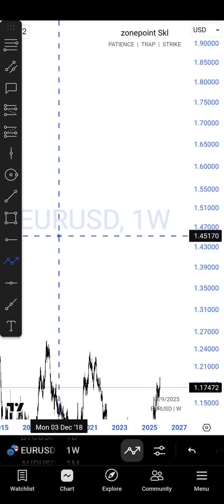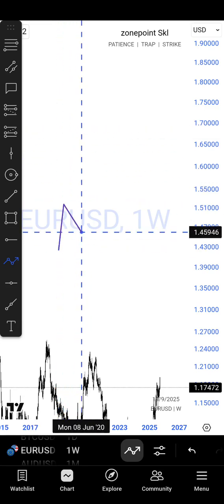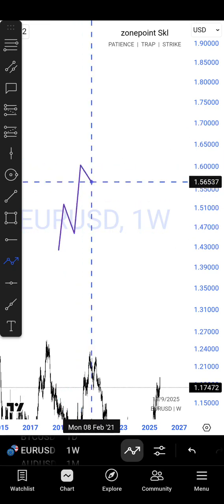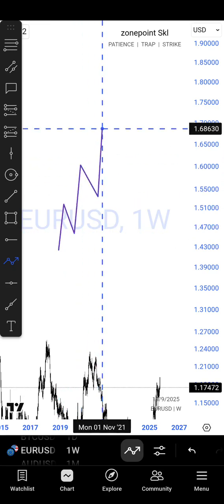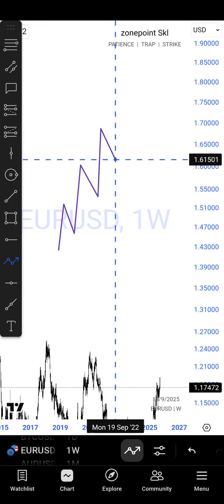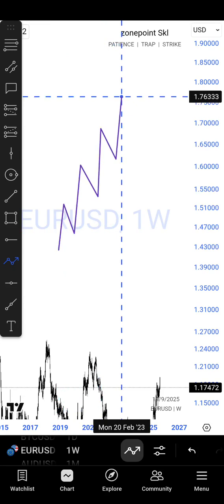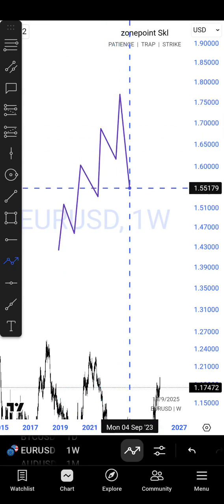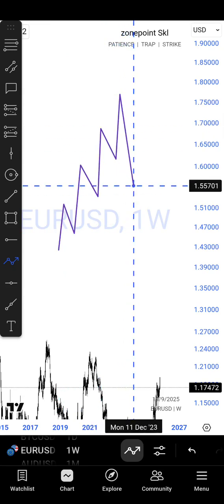Maybe we are formally in an uptrend like this. This is just a textbook version. Let's say for a new range to start, price will sweep and create another new range like this.